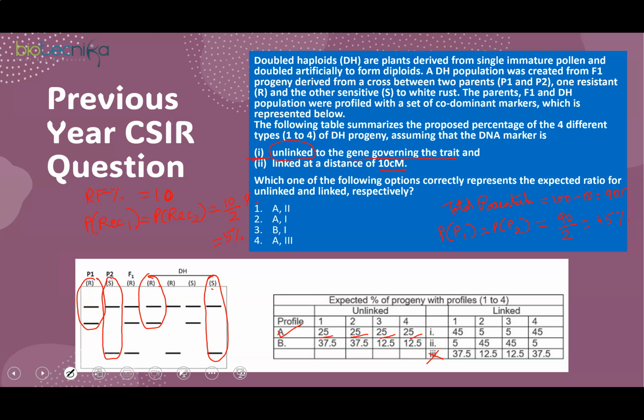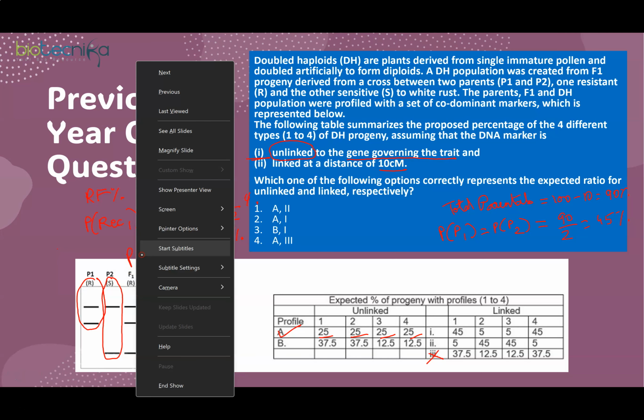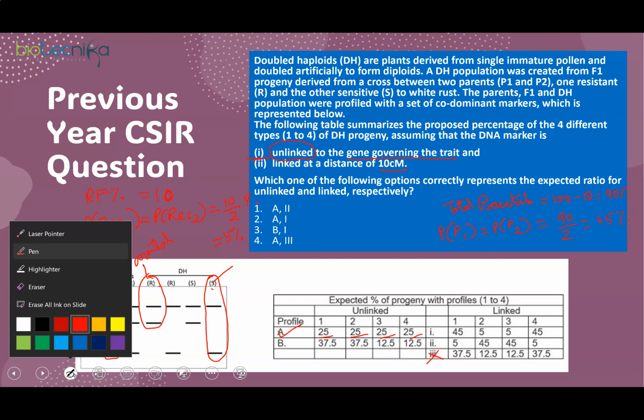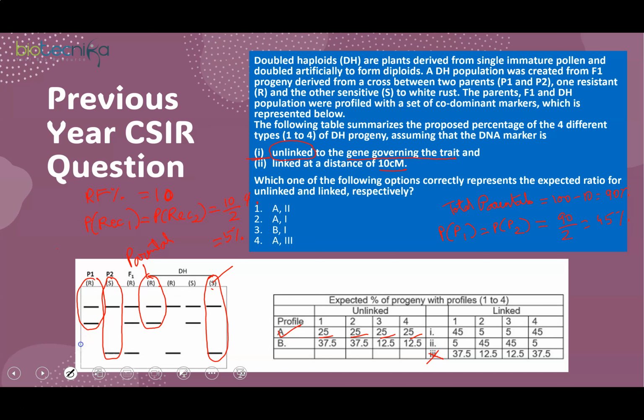So this one and this one are parentals. I'm coloring the other two with blue. This one and this one are recombinants. So recombinants are expected in 5% each, and parentals are expected in 45% each.